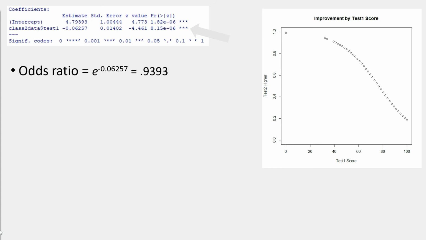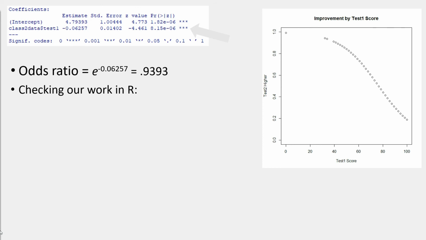Raising Euler's number, e, to the slope coefficient, negative 0.06257, yields an odds ratio of 0.9393. So each unit increase in test 1 score, each percentage higher, is 0.94 of a unit decrease in odds of improvement on test 2. We can check our work in R.